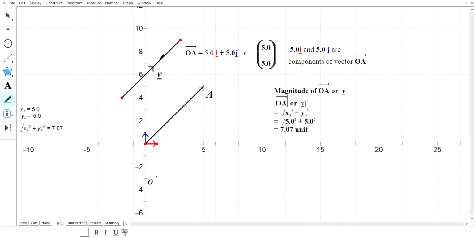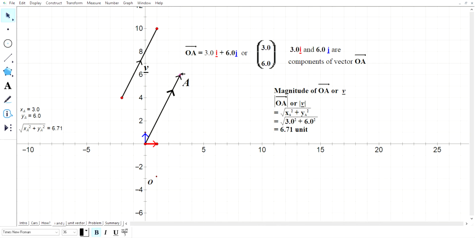For example, vector OA can be expressed as 3i plus 6j.